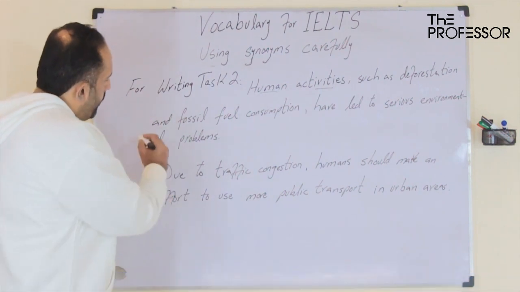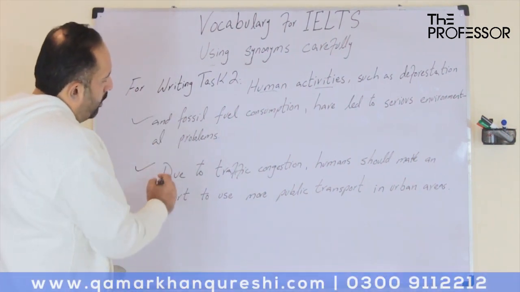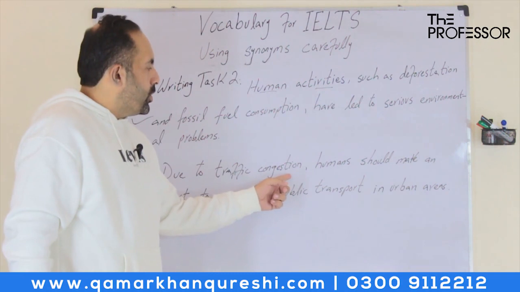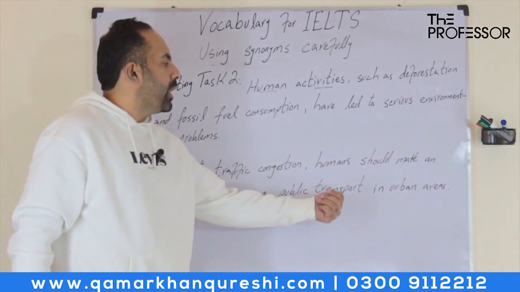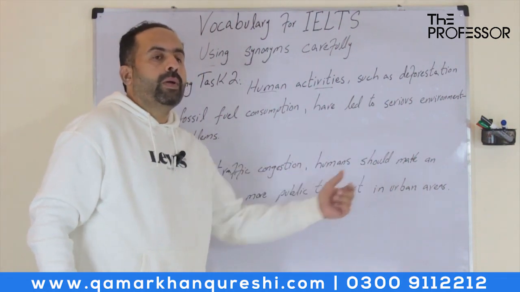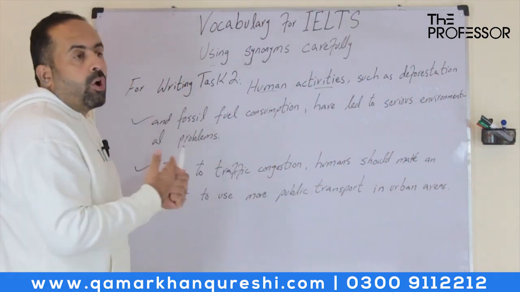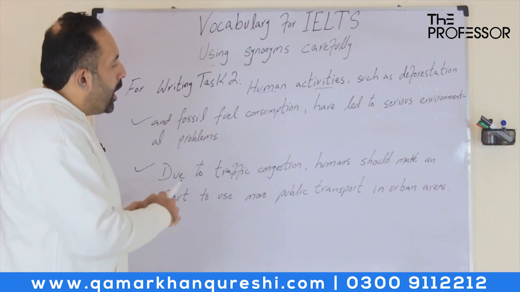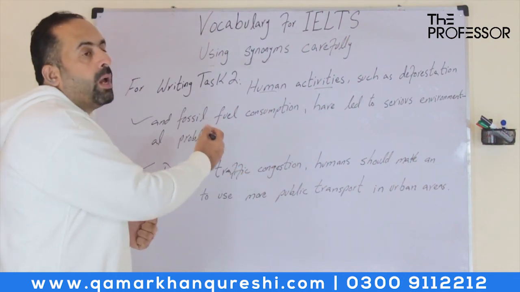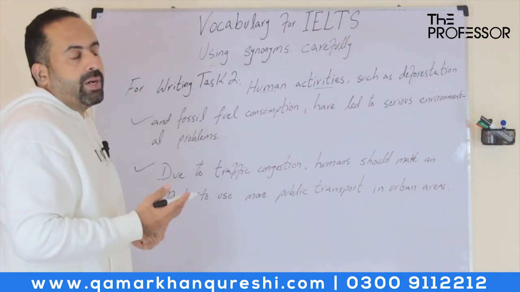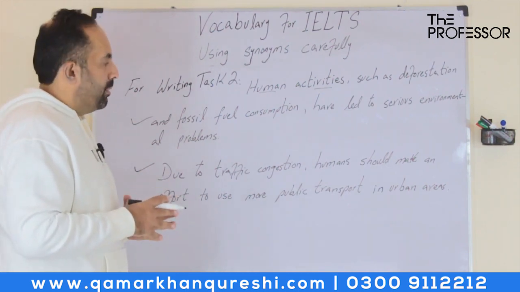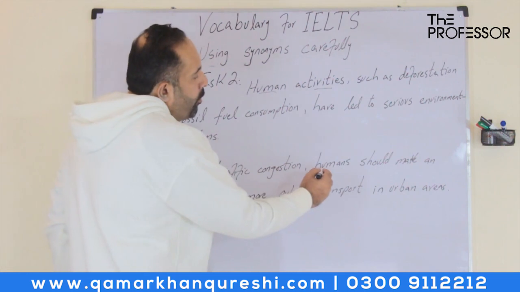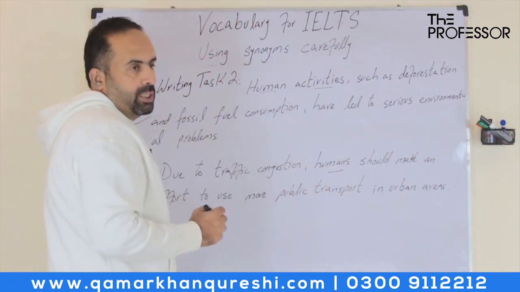While here, in this example, due to traffic congestion, humans should make an effort to use more public transport in urban areas. Now, the context is totally changed. Now we are talking about something which has been created by people for people. So here we will not use humans.